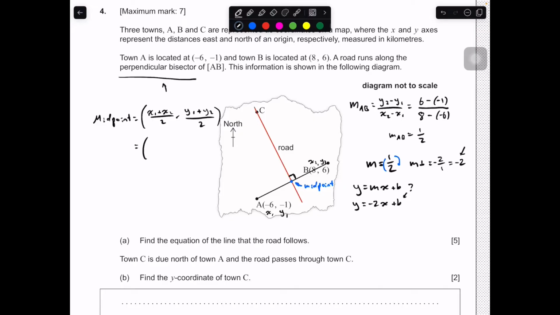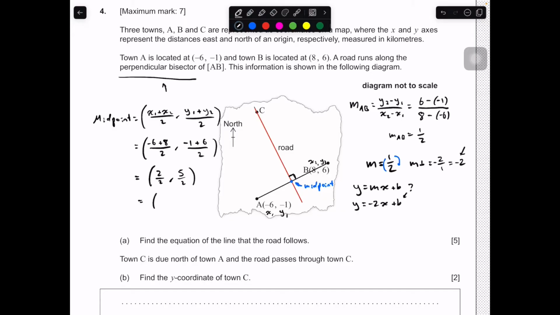So just substituting in again, we have -6 plus 8 over 2, and then our y values are going to be -1 plus 6 over 2. Just making sure this is okay, -6 and 8, and -1 and 6. Working it out here, we'll have 2 over 2, and we will have 5 over 2.